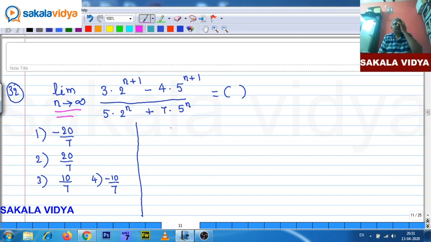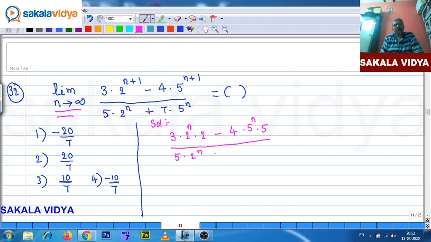So here we need to remember, the first term 3 into 2 power n plus 1 can be written as 2 power n into 2, minus 4 into 5 power n into 5. So we write the numerator like this. In the denominator, it is as it is, 5 into 2 power n plus 7 into 5 power n.